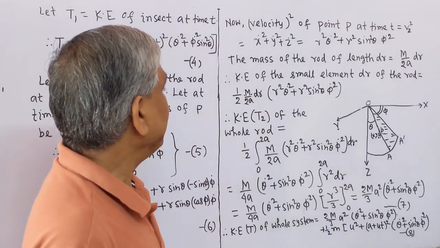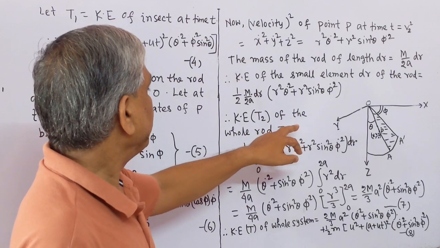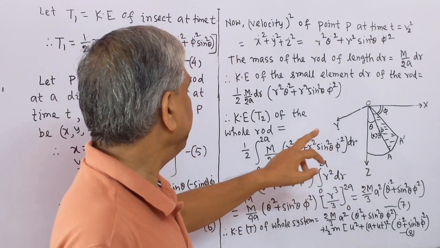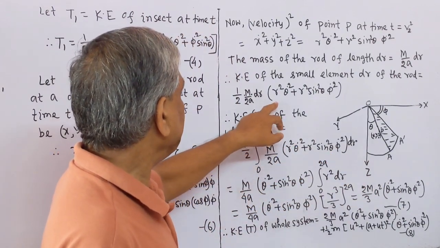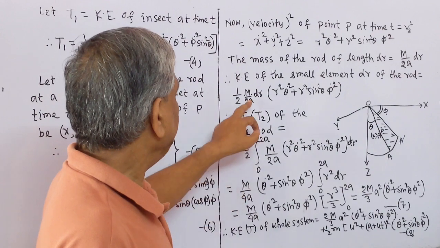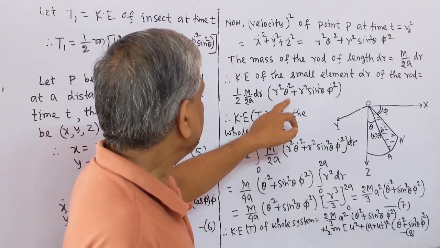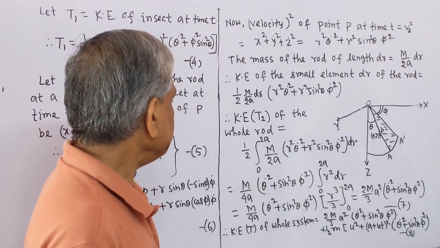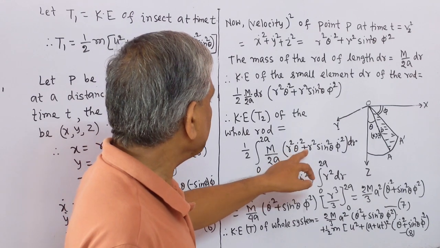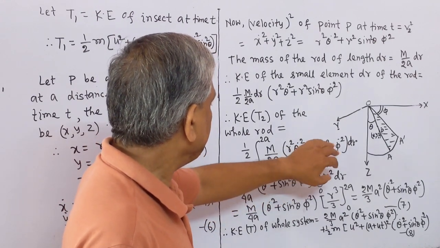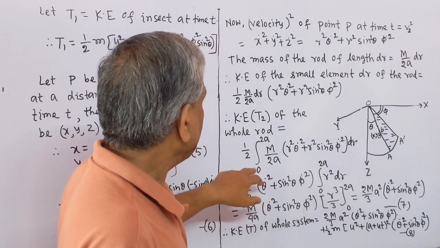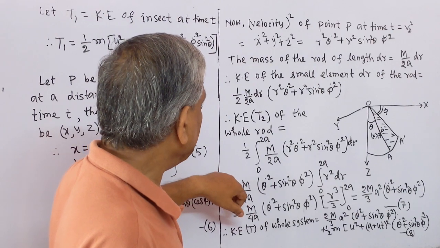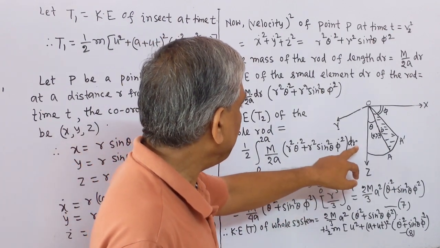Therefore, the kinetic energy T2 of the whole rod OA will be the integration of half M by 2a, and we write this part, then dr, with integration limits 0 to 2a. Here we may take r square common. So we take the other terms, free from r, out of the integration, because this integration is with respect to r.